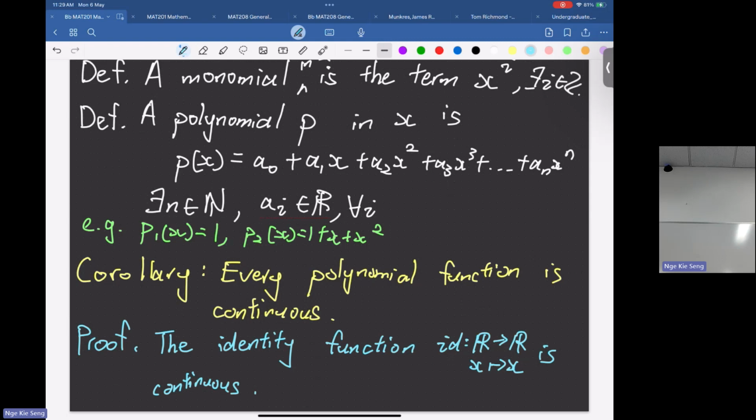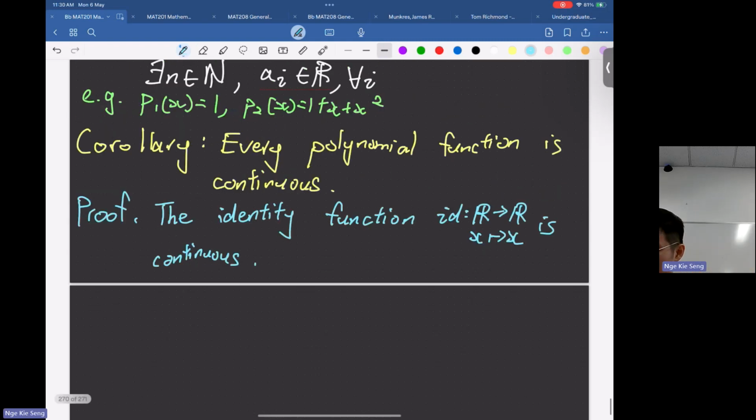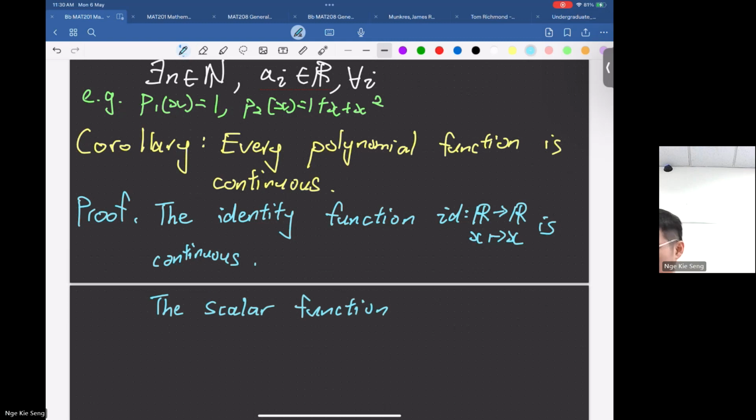Actually, you should also show that the constant functions are continuous. The constant function, let's call it Fp, which sends everything to p, is continuous also.